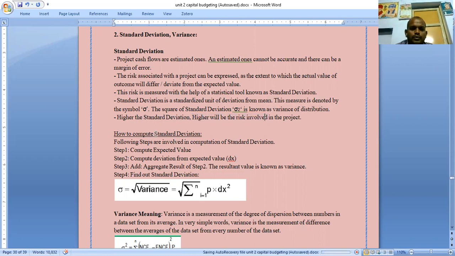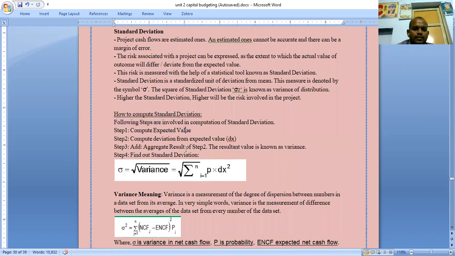So how to compute this standard deviation? The following steps are involved in the computation of standard deviation. First one, compute the expected values. Second one, compute the deviation from the expected values, how much it is deviated.